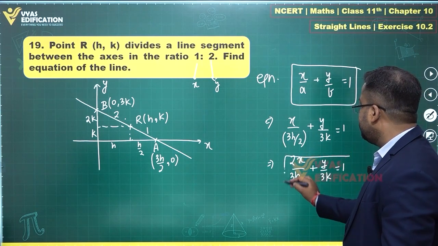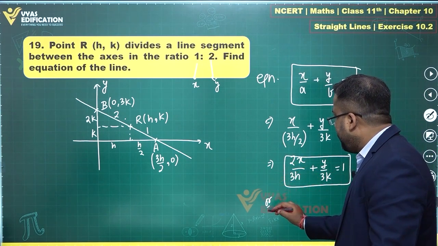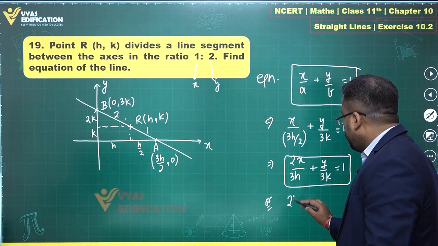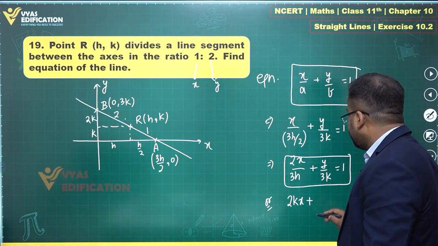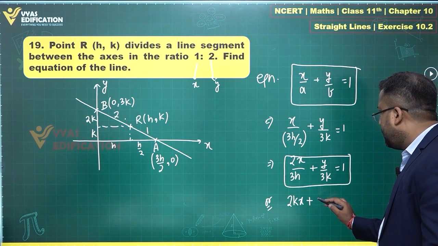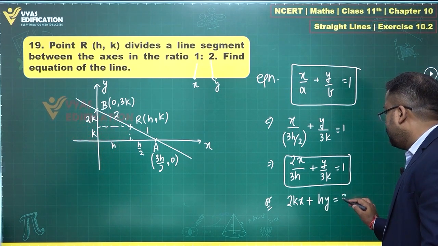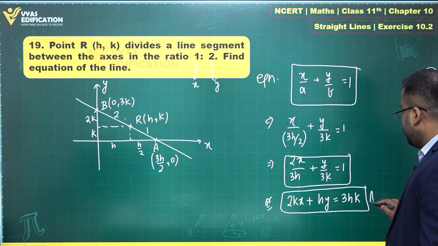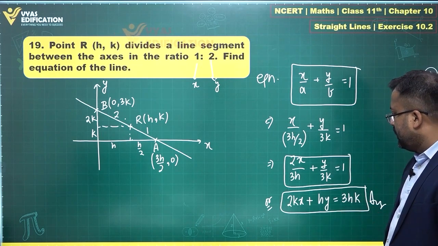You can leave the answer at this stage, or you can multiply by 3hk and it becomes 2kx plus hy equals 3hk. You can write it as this or this, both are okay.